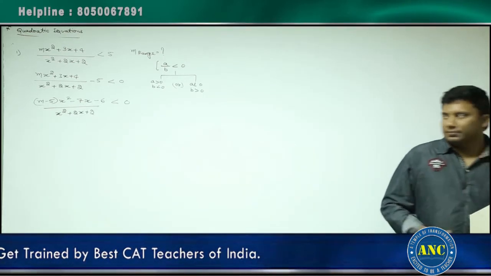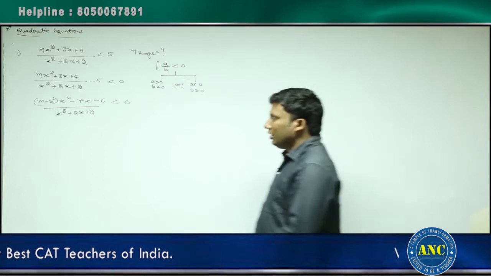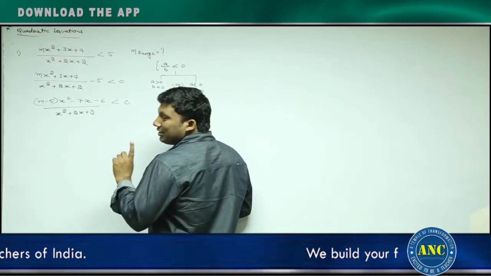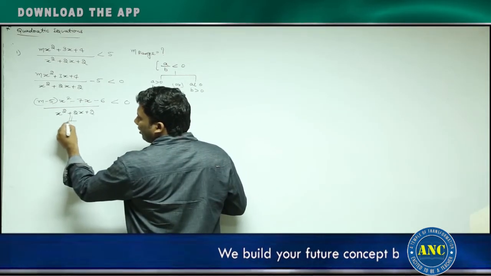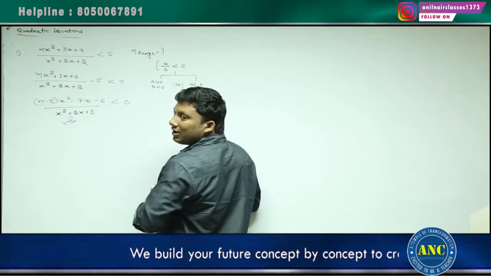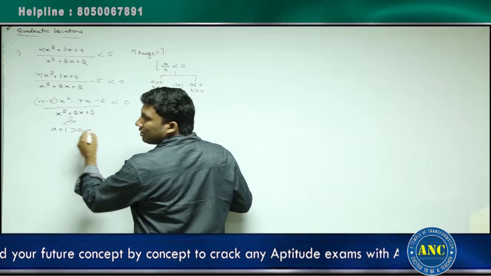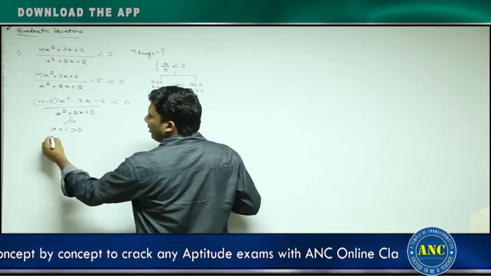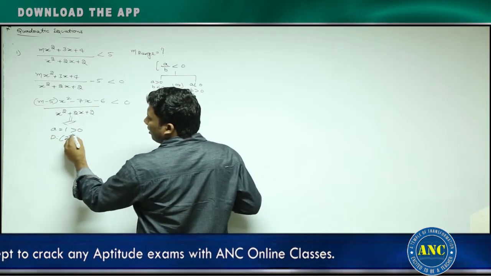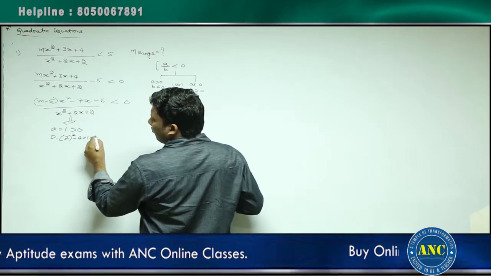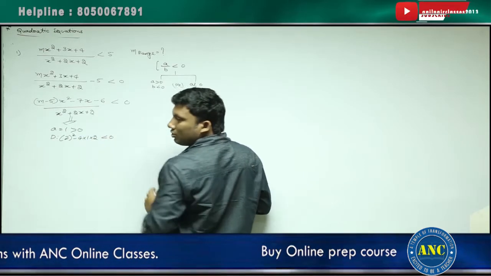Now see here. Let me take the denominator and see the behavior. Denominator. What is the coefficient of x square? 1. Coefficient of x square is 1, which is greater than 0. What is the discriminant? Discriminant will be b square minus 4ac, d less than 0.